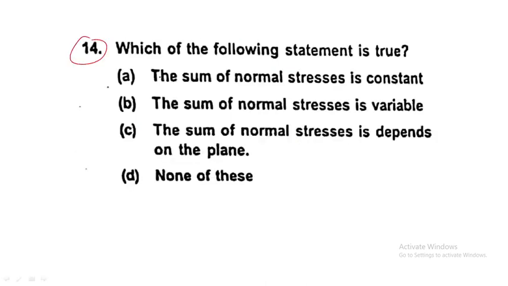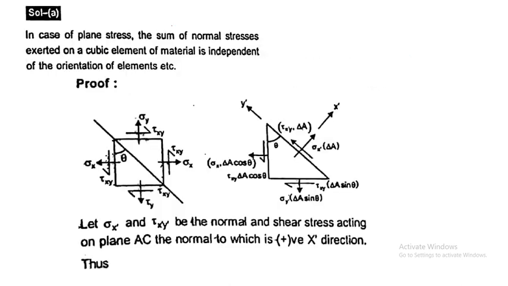Next question, question number 14. Which of the following statements is true? Let me read all the statements. Sum of normal stress is constant, sum of normal stress is variable, sum of the normal stresses depends, or none of the above. Always remember, in plane stresses, the sum of normal stresses exerted on a cubical element of material is independent of the orientation of the element.